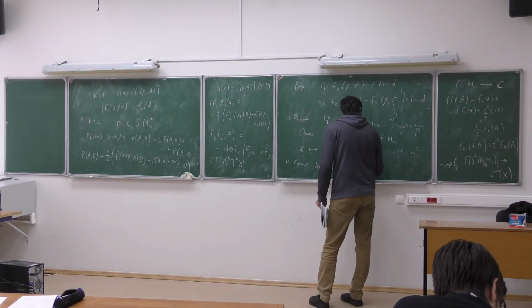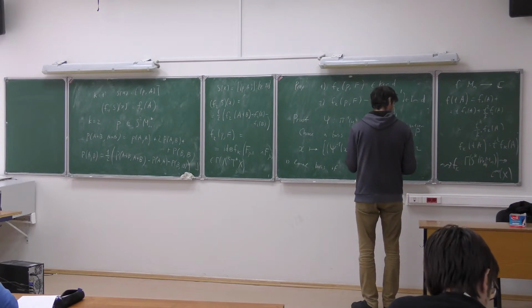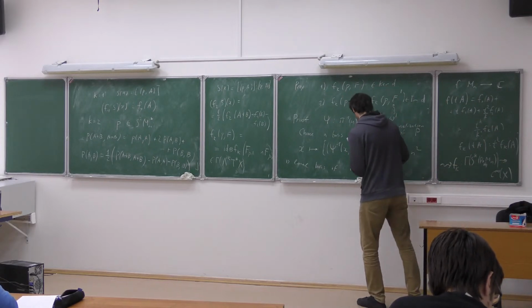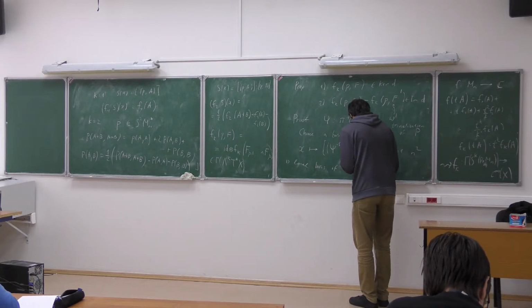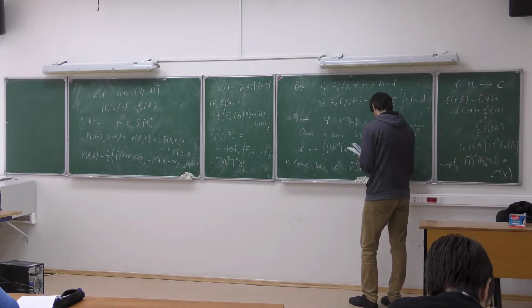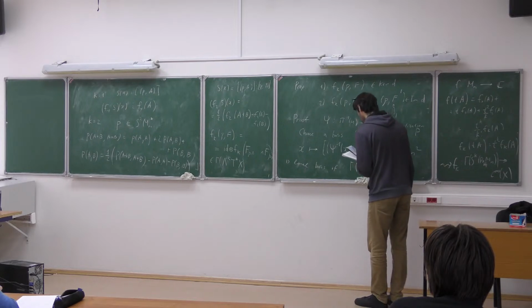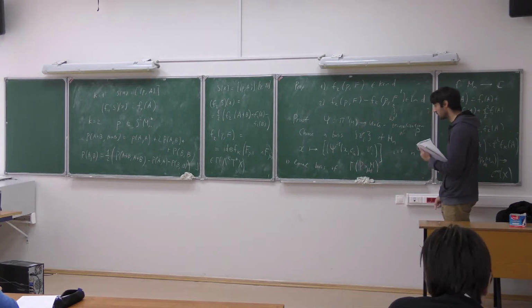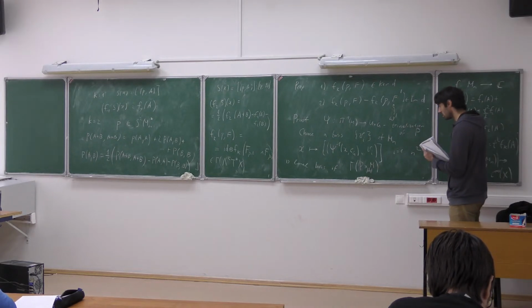Of gamma of P, just k for k equals 1, add rho. And again, you need to check well-definedness, that in an equivalence class it gives the same thing.